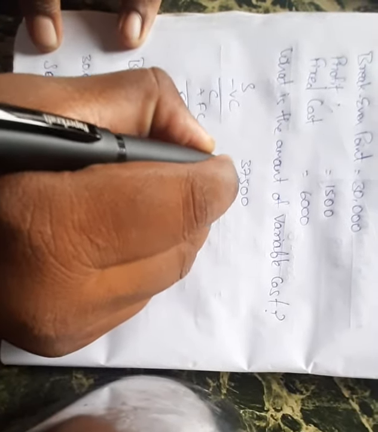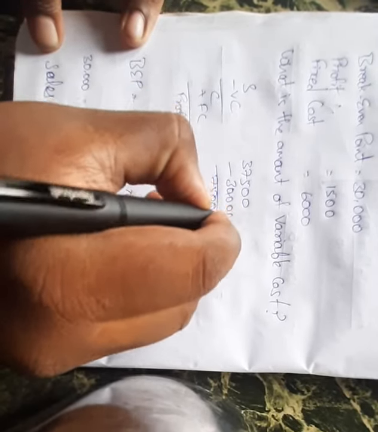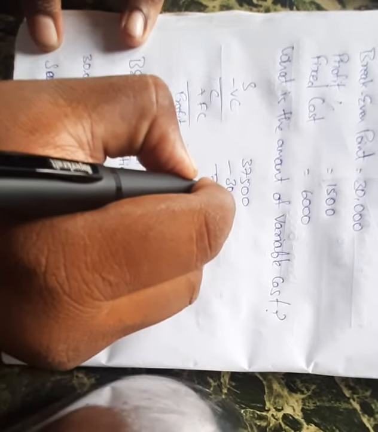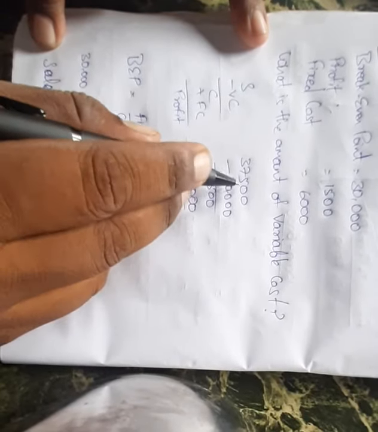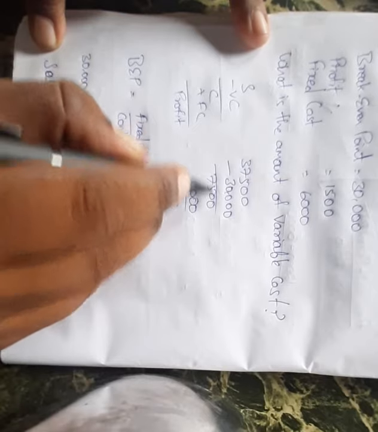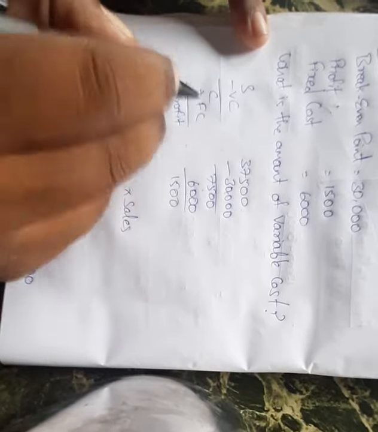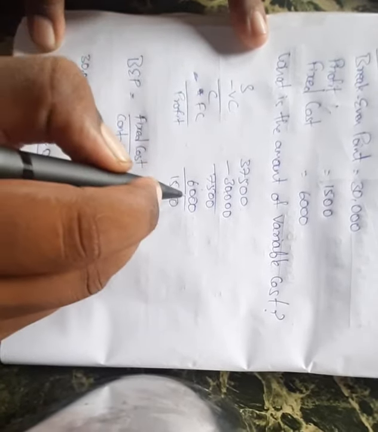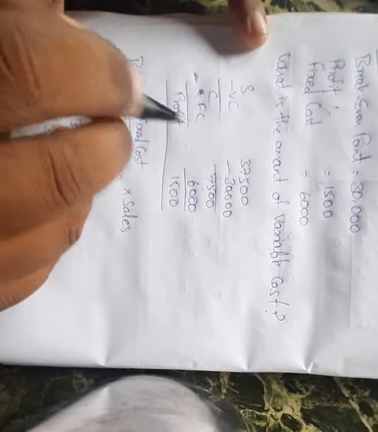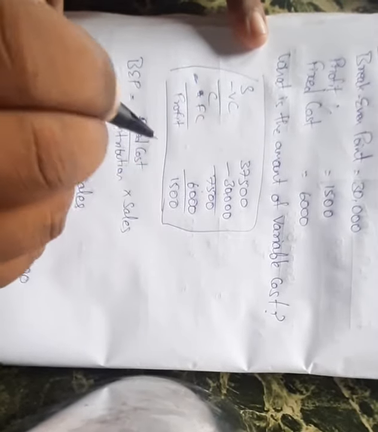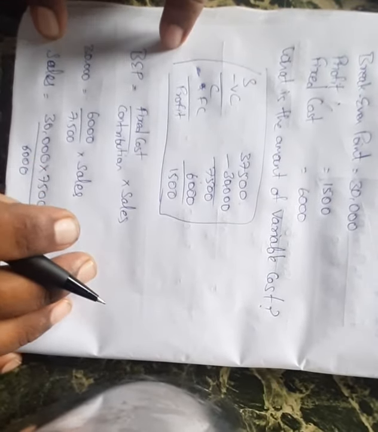See, 37,500 minus 30,000 is equal to 7,500. 37,500 sales minus 30,000 variable cost is equal to 7,500 minus fixed cost 6,000. 7,500 minus 6,000 equal to 1,500. So this is your statement of profit.